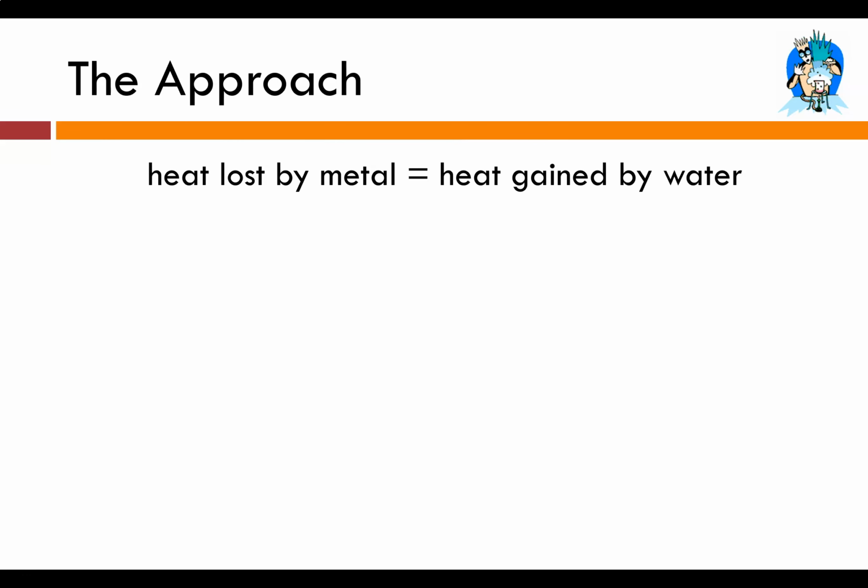So we've been talking about this idea that what's lost by the system is going to be equal to the energy that's gained by the surroundings. In this case, our system is the metal, and as always, the water and the calorimeter are the surroundings. Whatever is lost by the metal must be equal to the energy gained by the surroundings, more specifically the water.